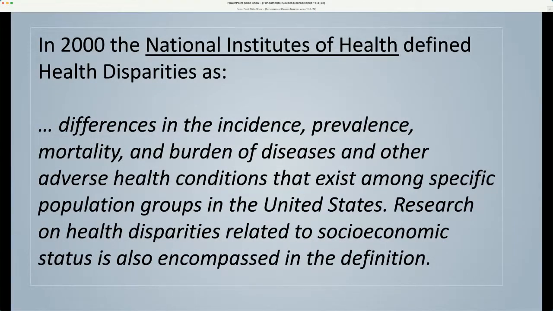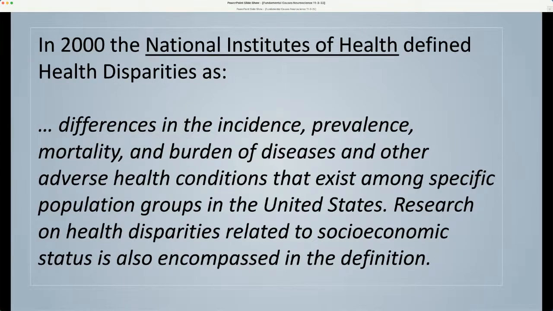The term health disparities generally refers to what the NIH in 2000 defined as differences in the incidence, prevalence, mortality, and burden of diseases and other adverse health conditions that exist among specific population groups in the United States.